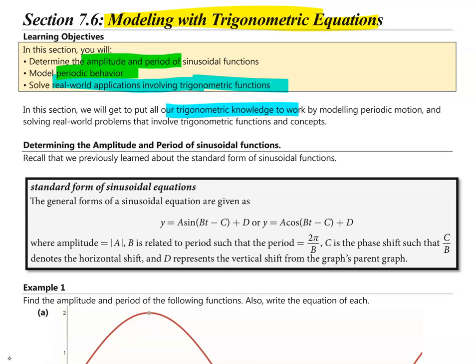Now let's recall that we previously learned about the standard form of sinusoidal functions.